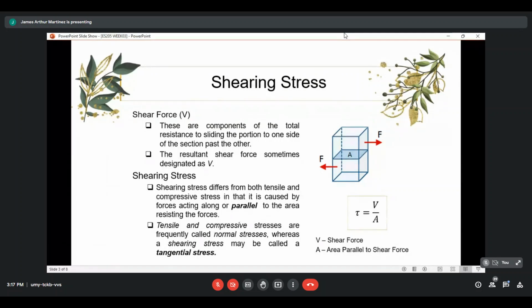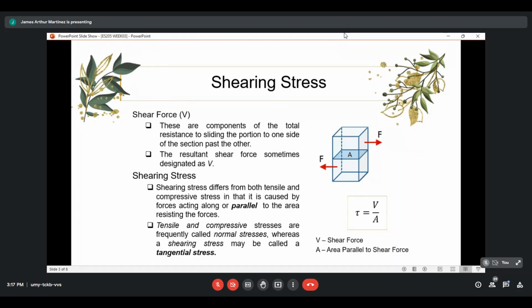So, shear stress class is different from tensile and compressive stress. When we say tensile or compressive stresses, it actually refers to normal stresses. We are done with normal stress naman nga topic.